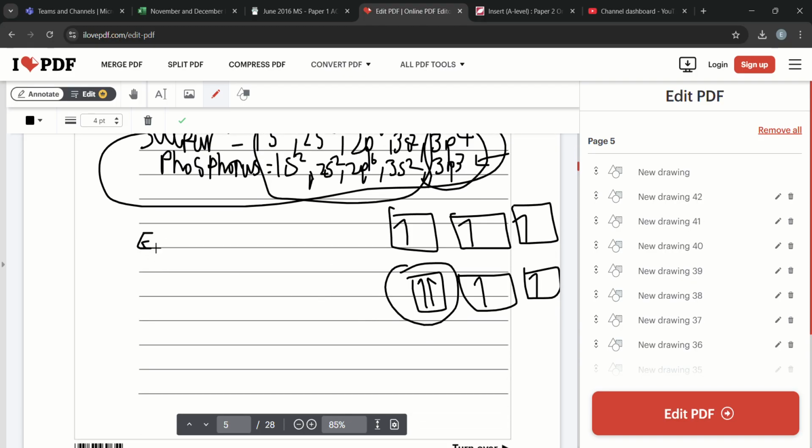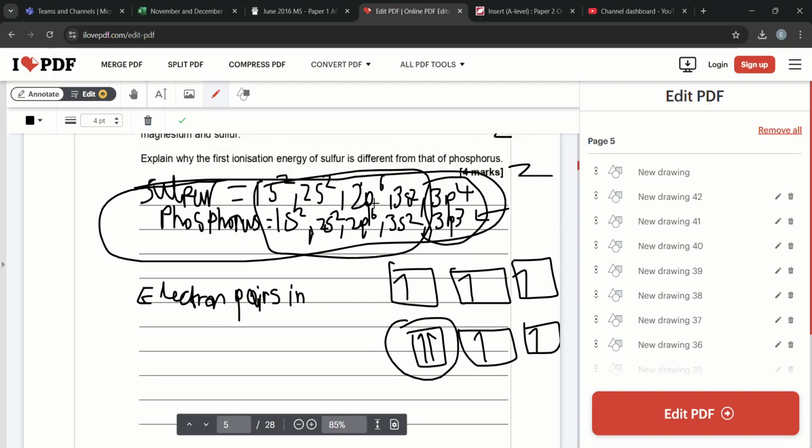So we can say the electron pairs in the 3p orbital in sulfur repel. Don't just say p orbital, because you could be talking about the 2p6 orbital, so you need to be specific. Paired electrons repel.